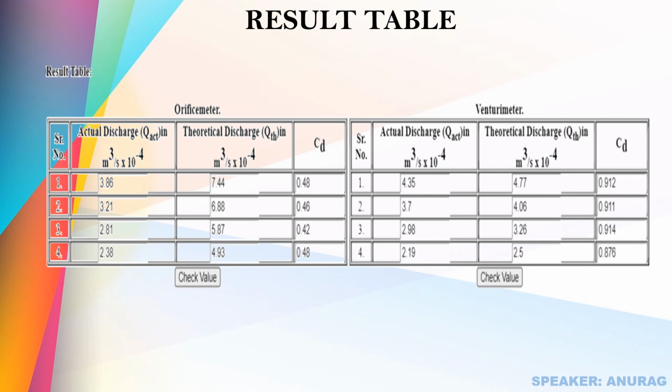Now after all these observations, we have to calculate the CD for our different observations for orifice meter and Venturi meter. Here we can see that the coefficient of discharge for the orifice meter does not vary from each other for different observations.